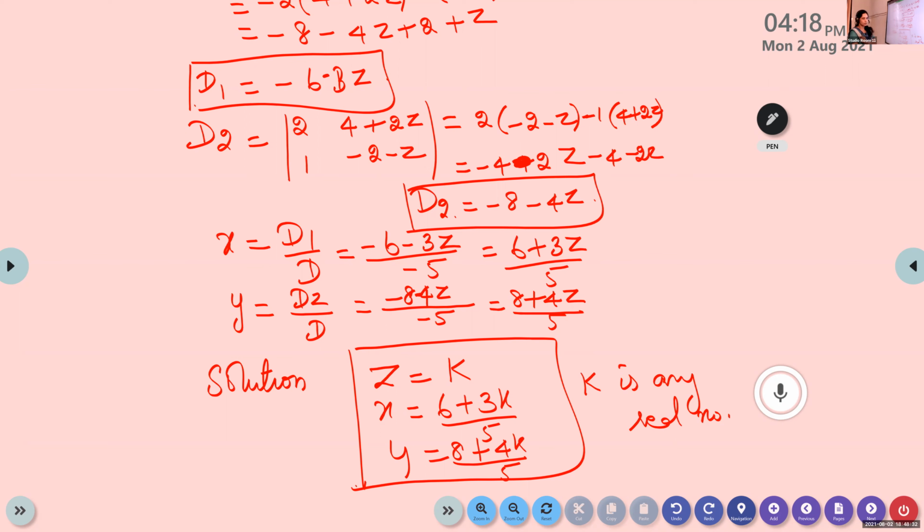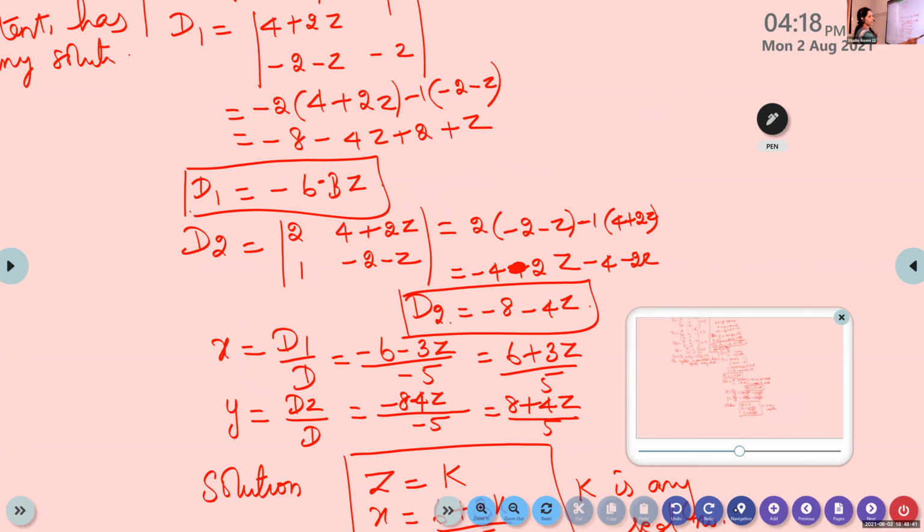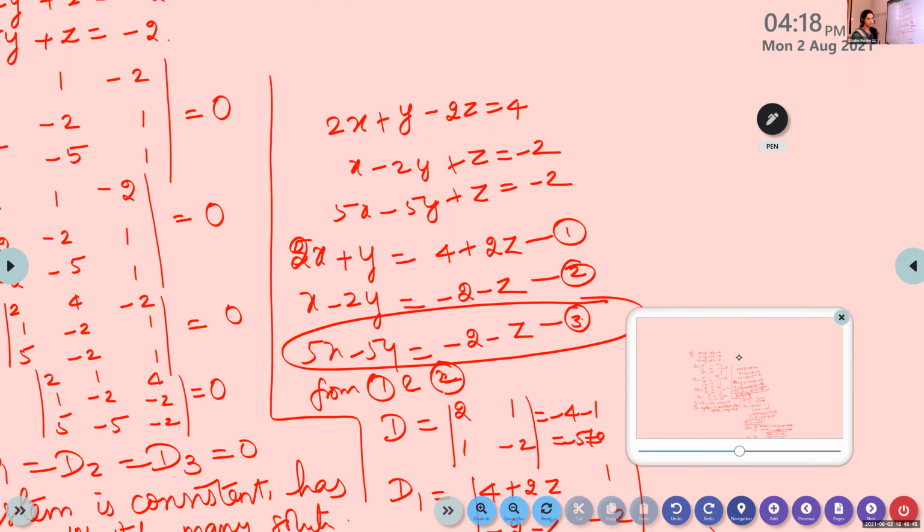Is it clear? Is it okay, children? When D, D1, D2, D3 are 0, we came to know that the given equations are consistent and have infinitely many solutions.